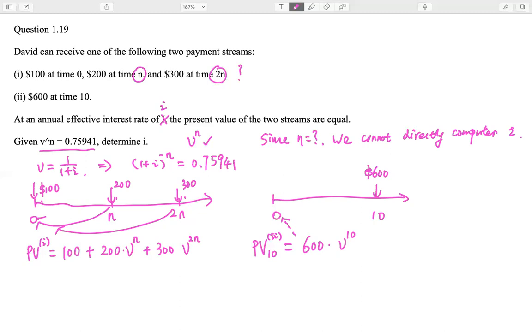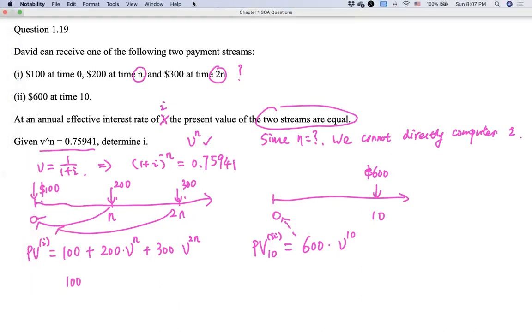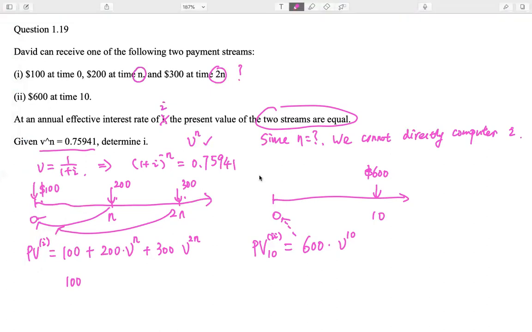Okay, according to the information, they are equal. So now I have the equation. I don't want to rewrite everything again, so I just put an equality between them, because that's what the question tells me. The question says the two streams are equivalent, so they have the same present value. Now the question is, how can I solve this?